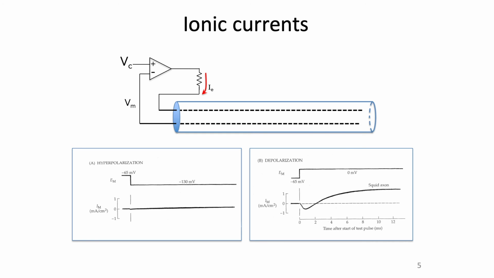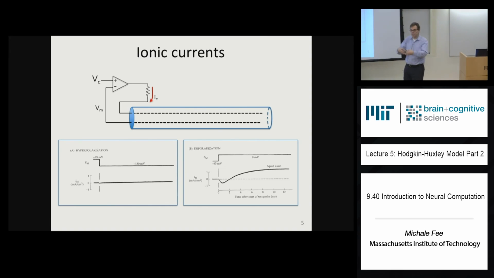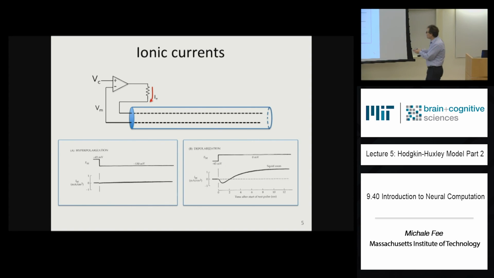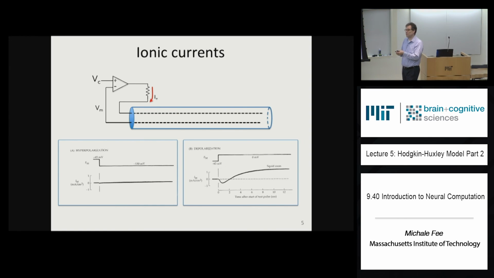On the other hand, if you start at minus 65 millivolts and depolarize the cell up to 0 millivolts, all of a sudden you see a very large transient current that first goes negative, corresponding to positive charges going into the cell, followed by a positive current associated with positive charges leaving the cell.